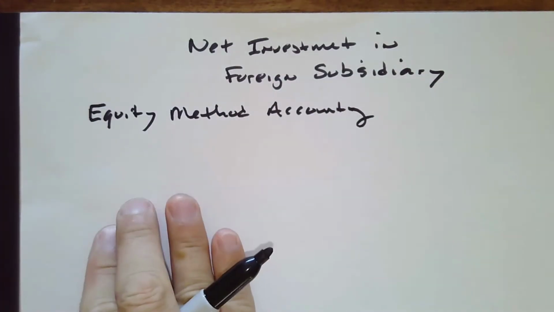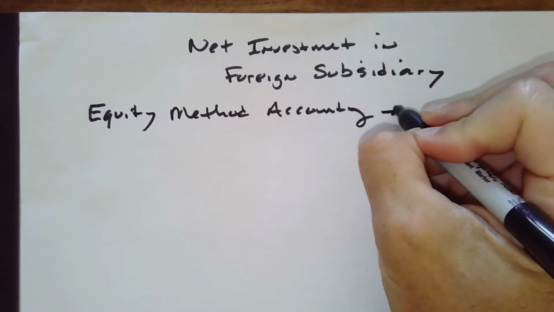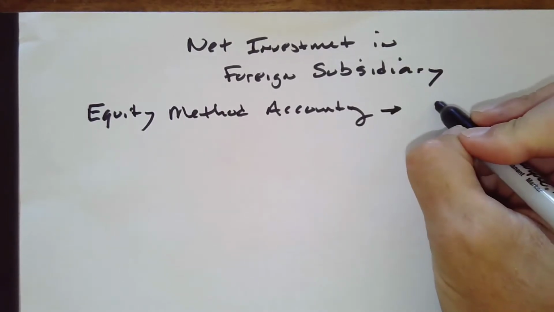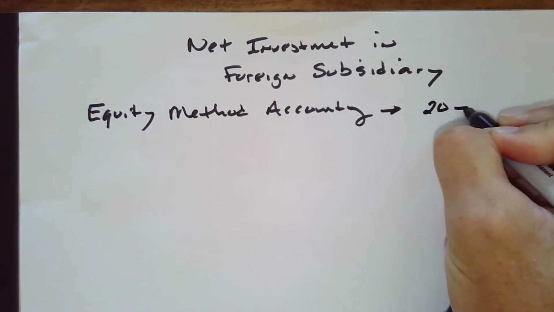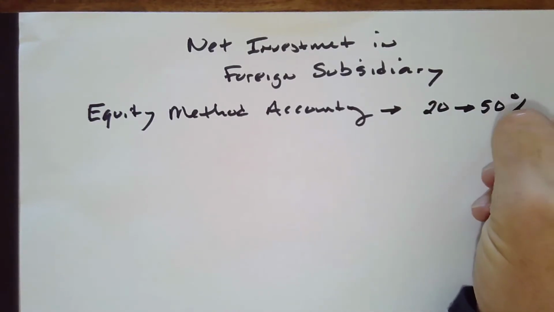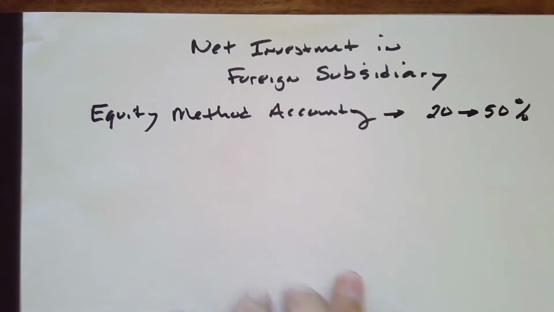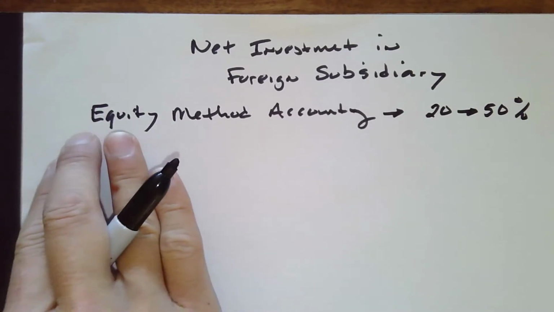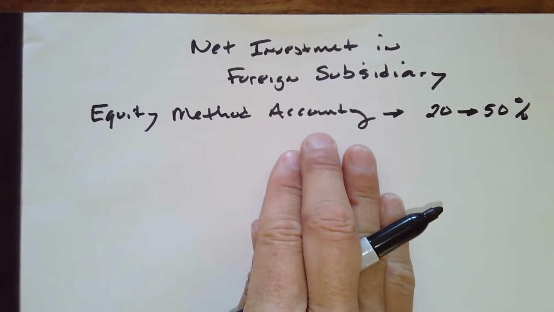Or we own enough of it, and if you recall we had this discussion, we have some kind of influence, or we own anywhere between 20 to 50% of the foreign subsidiary. We would tend to use equity method accounting there, and that would be our net investment.